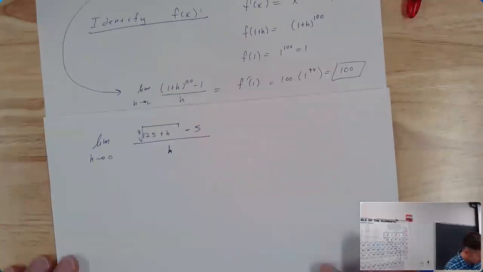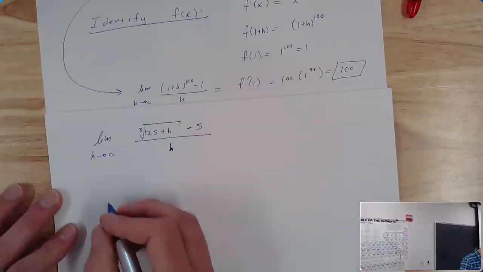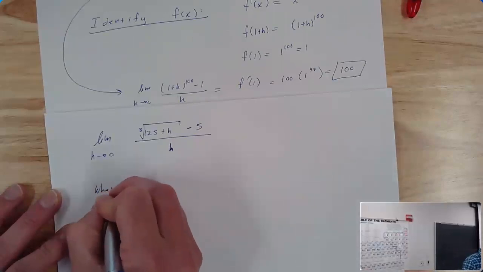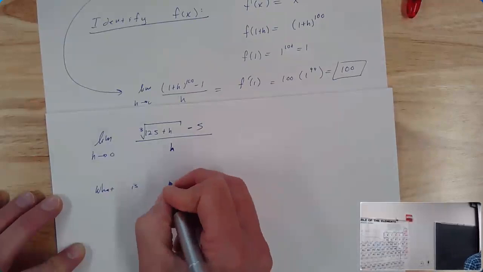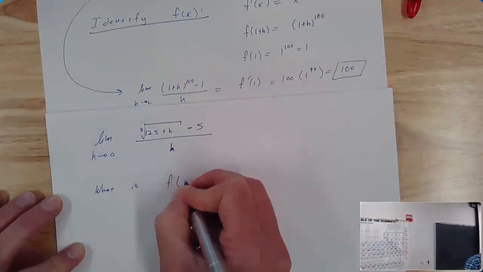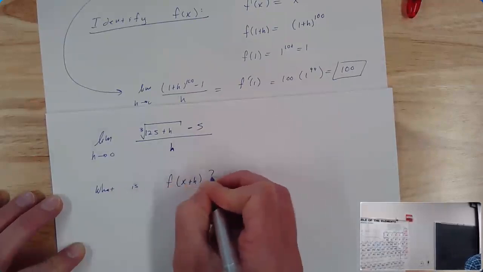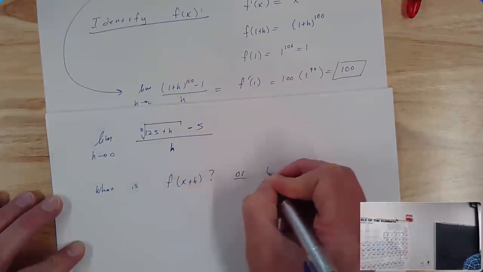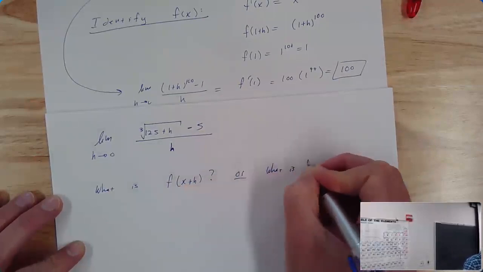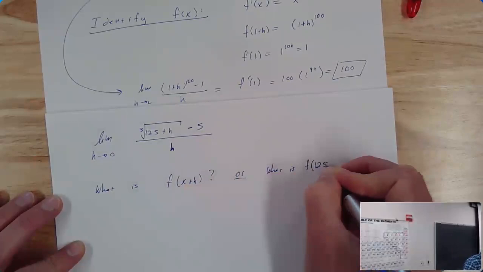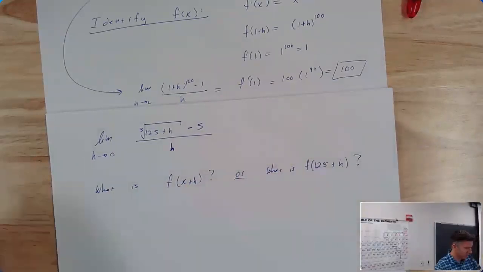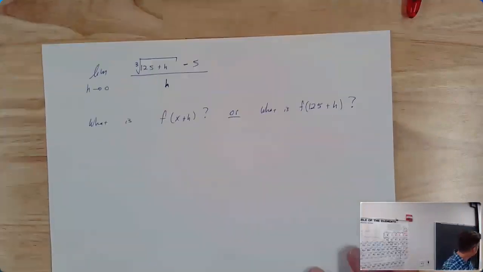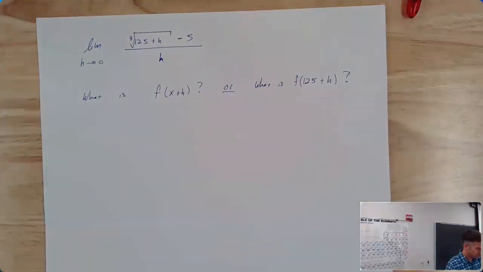You should be able to identify, write it down, don't say words, what is f of x plus h, or maybe more easily, what is f of 125 plus h. That should help you think about what your function actually is.